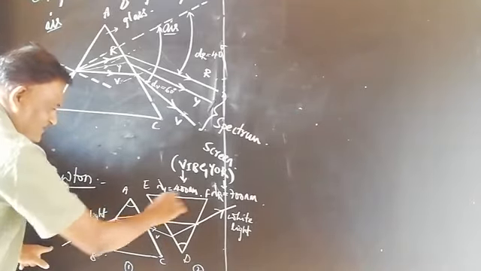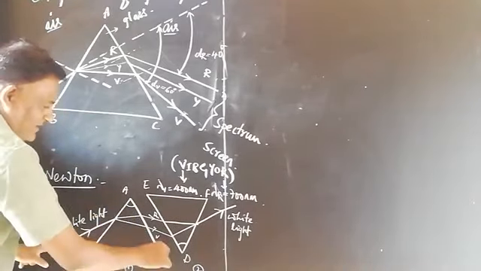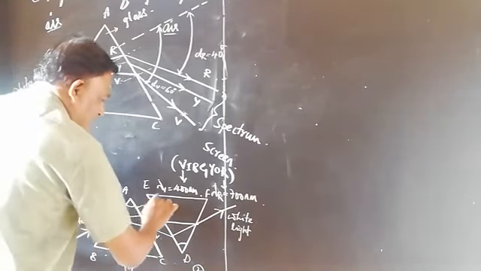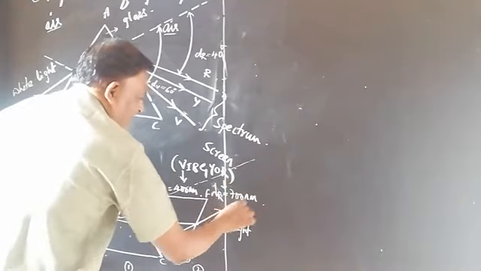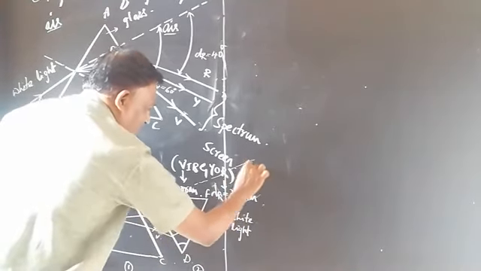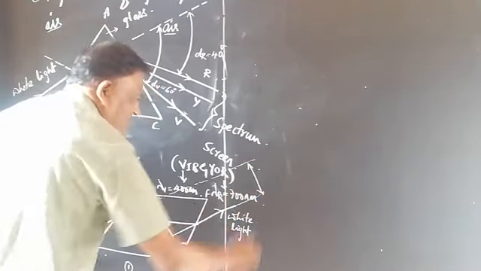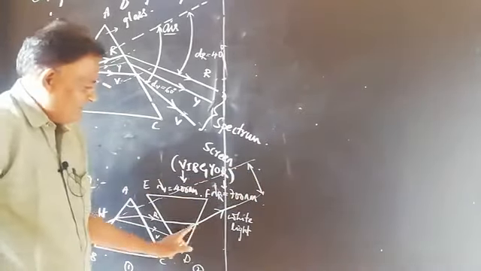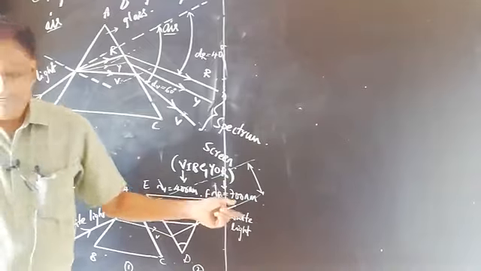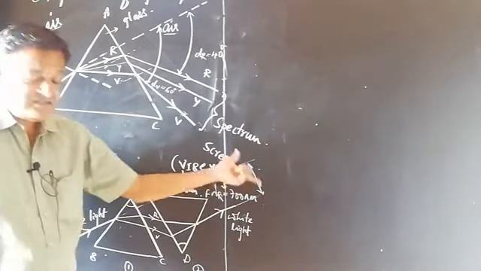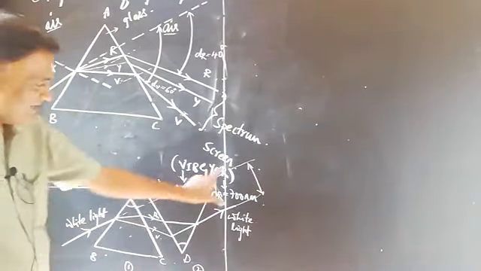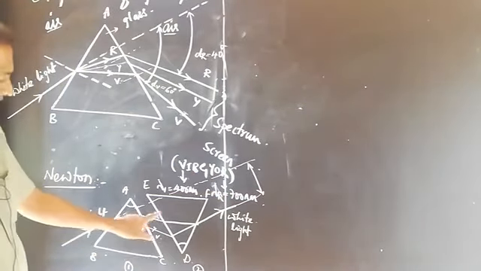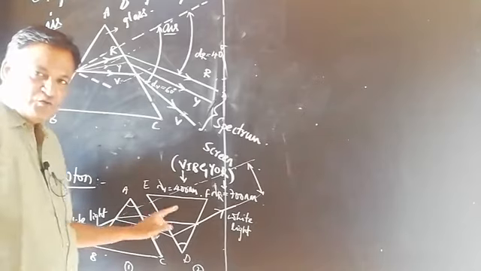If you imagine this as a glass slab made up of 2 prisms, this is the incident ray and the emergent ray, they remain parallel to one another. The perpendicular distance between the incident ray and the emergent ray is called lateral shift.